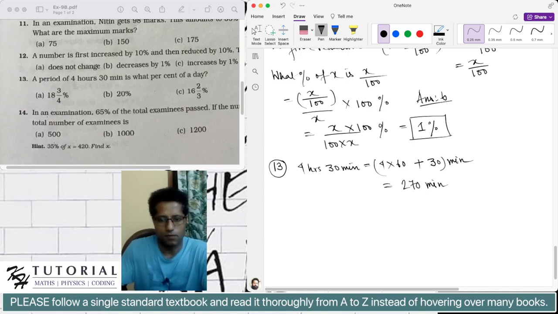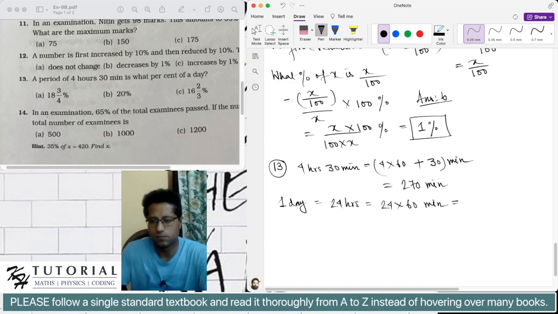Now we have to convert 1 day into minutes. So 1 day is equal to 24 hours. This is equal to 24 multiplied by 60 minutes. This is equal to 1440 minutes.